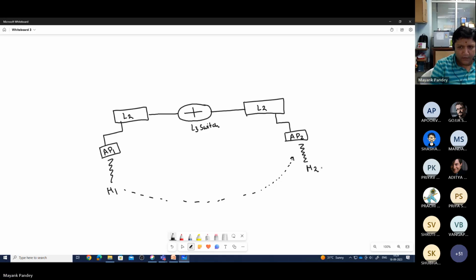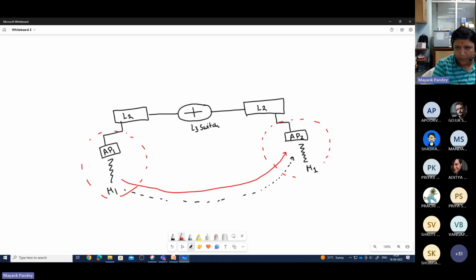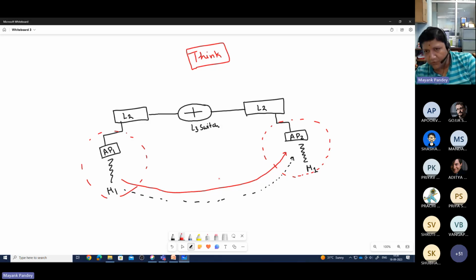Meaning M1 is moving from the range of AP1 and getting connected to AP2. Now think over it. What are the possible challenges? Think for 2-3 minutes and then answer.